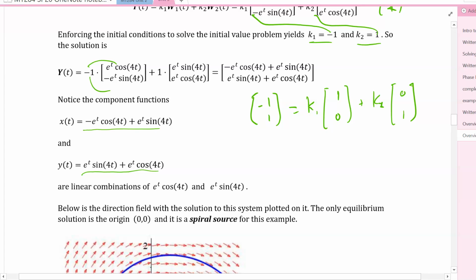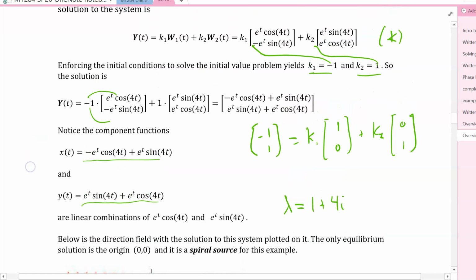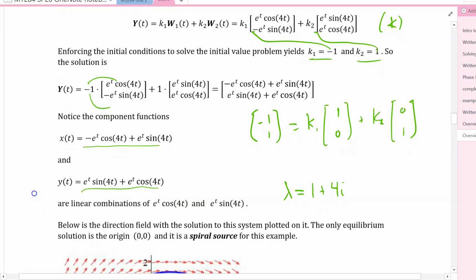In our case, it's e to the t cosine of 4t and e to the t sine of 4t, because, once again, our eigenvalue was 1 plus 4i. That single eigenvalue and its corresponding eigenvector helped us to determine the general solution we wrote down above, and that will help us, therefore, to solve any initial value problem for this particular system that we're looking at.